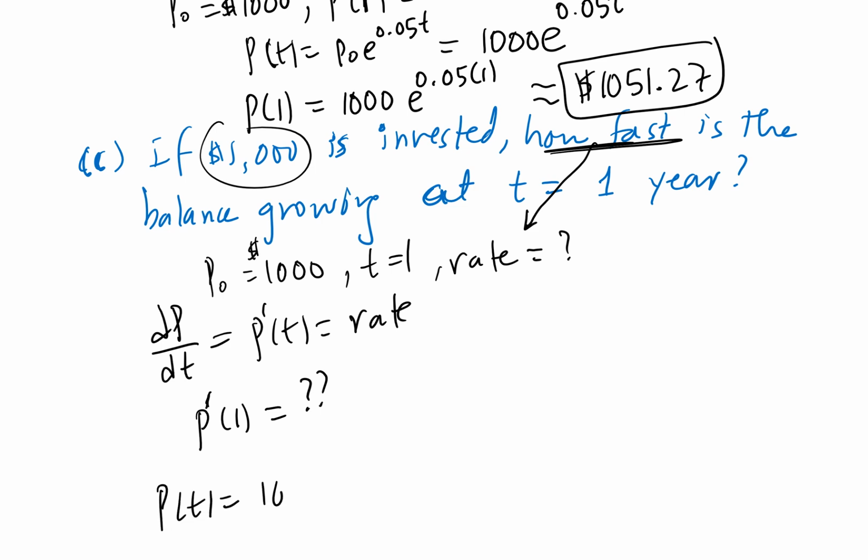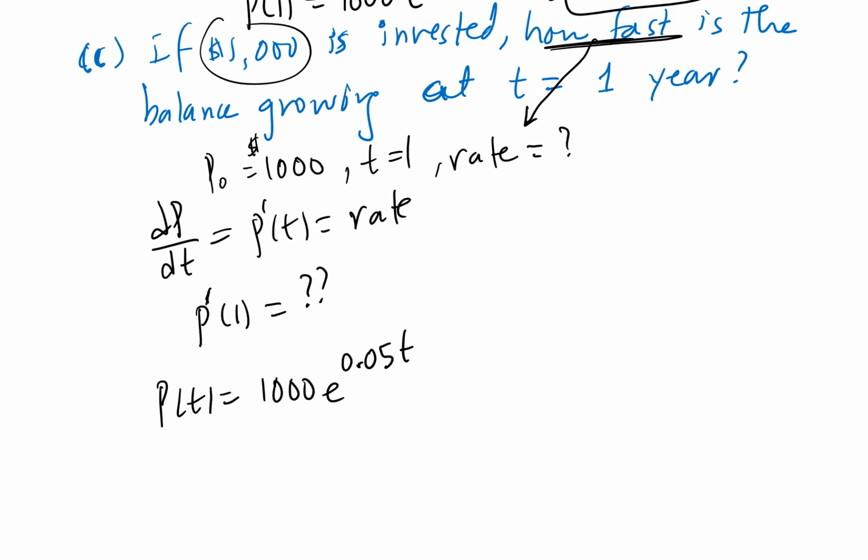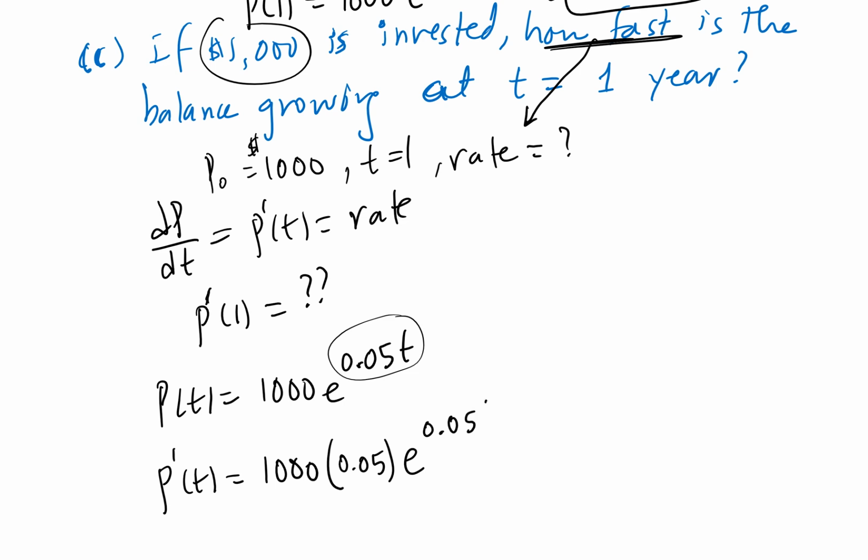We found that it was 1,000 e to the 0.05 t. Now, to find P prime of t, we find the derivative using what we learned last time. 1,000 times the derivative of e to the function, which is the derivative of that function, 0.05, times itself.